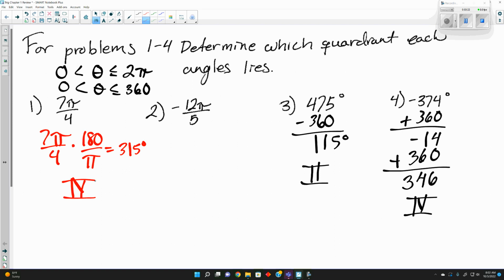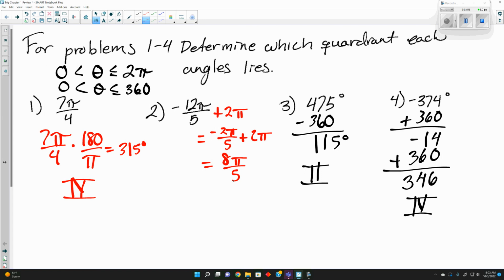Or, so like negative 12 pi over 5, we can continue to add 2 pi to it. And if we added 2 pi to this here, we would get negative 2 pi over 5. Negative 12 pi over 5 plus 2 pi, we get this here. And then again, since it's still negative, we can add 2 pi to it, which would give us 8 pi over 5. And we can see if that's on the unit circle, and well, it's not.